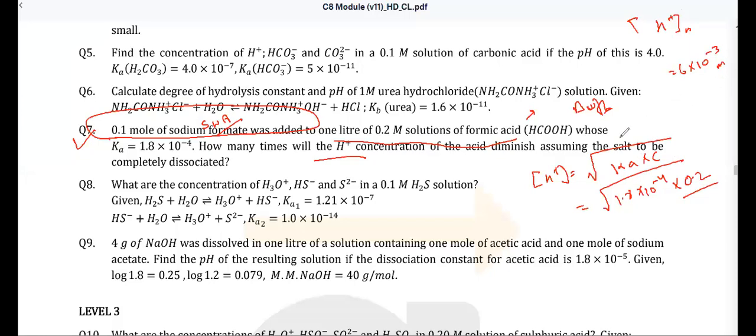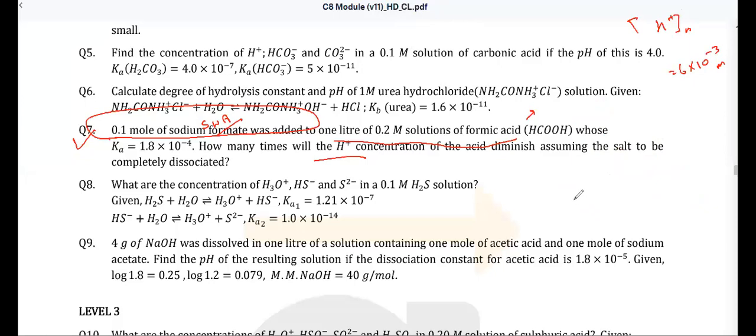Molar. Now, after it becomes a buffer, we can say that H plus is equal to Ka into concentration of HA divided by concentration of A minus. This is what we have studied, right, everyone?